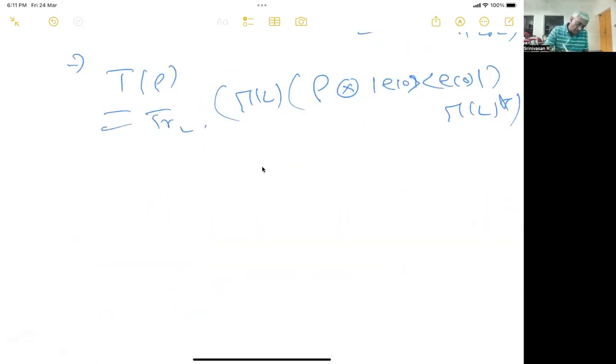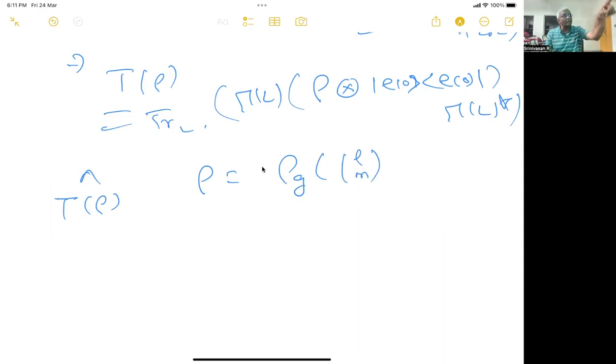So what is the T rho hat? You want to calculate T rho hat. If rho is equal to some rho G, where G means Gaussian, with mean some LM, or L minus iM.